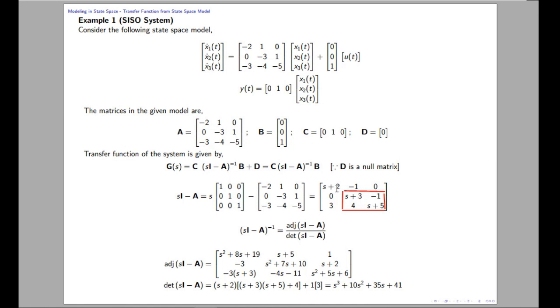So you can make use of the first row and expand this. If you expand this, this is what you will get: s cube plus 10s square plus 35s plus 41. This is the determinant of this matrix.